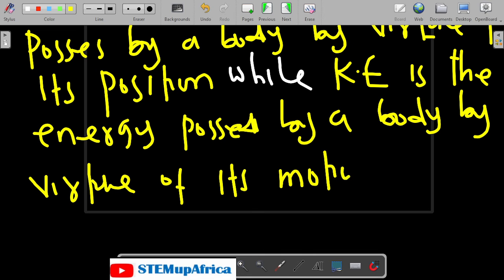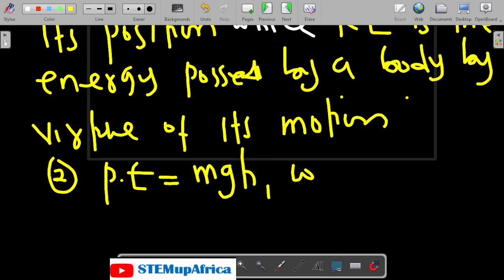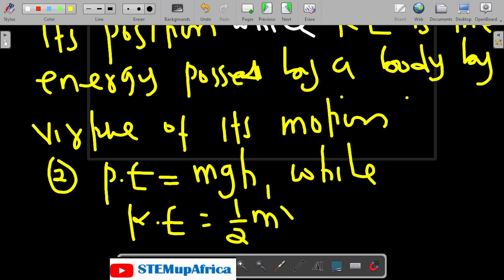So you can use that definition to differentiate them. Or number 2, I can also use the mathematical formula to differentiate them. I know that PE is simply mgh, while KE is simply half mv squared. So I can also use the mathematical formula to differentiate both of them.